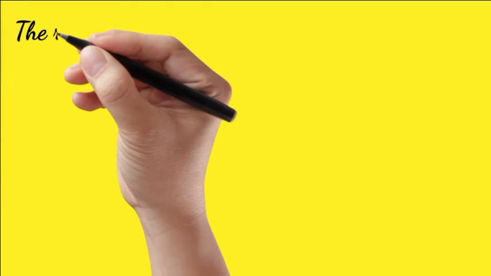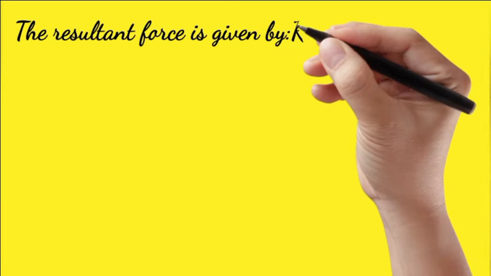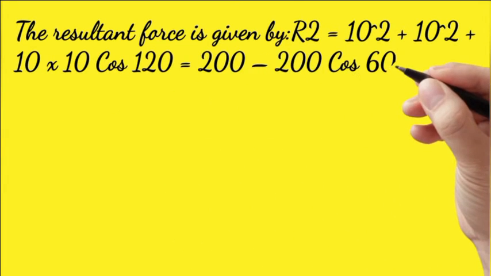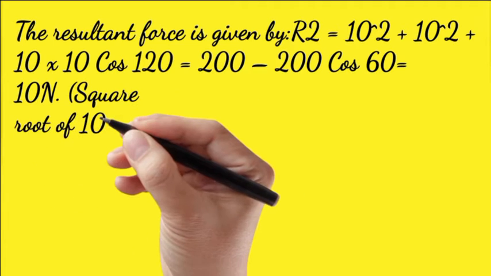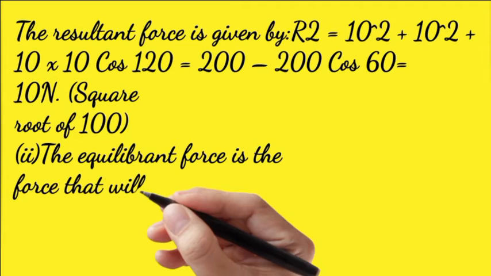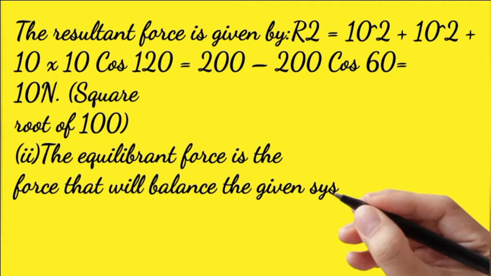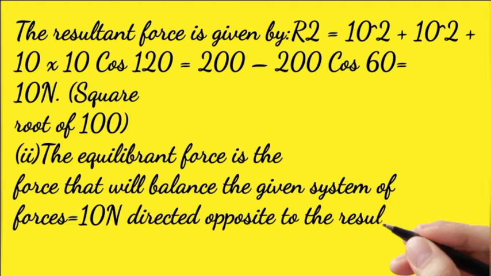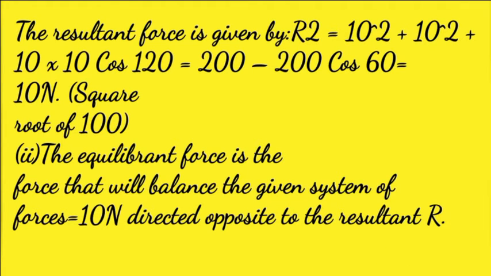Remember, the resultant force is a vector that has magnitude and direction, and the equilibrant force is equal and opposite to the resultant force. So the resultant force is given by R squared equals 10 squared plus 10 squared plus 2 times 10 times 10 times cos 120. Remember the formula, a squared plus b squared plus 2ab cos theta.